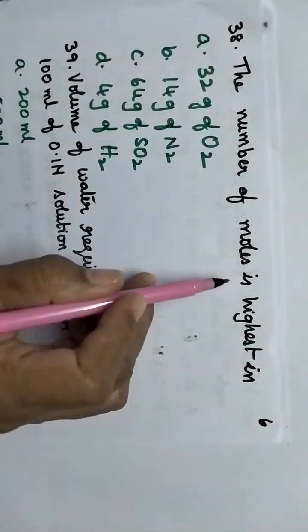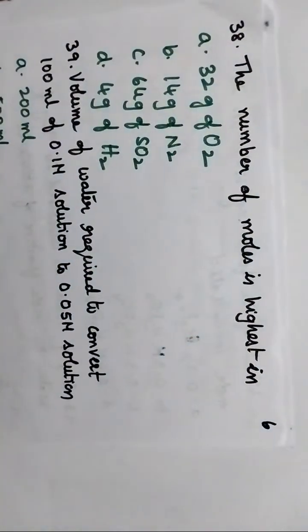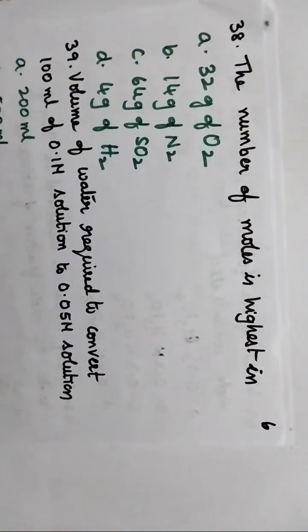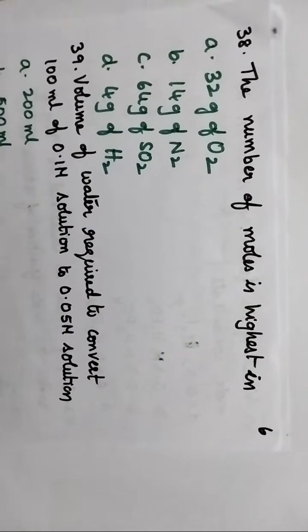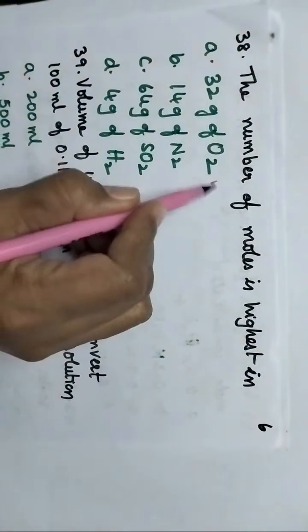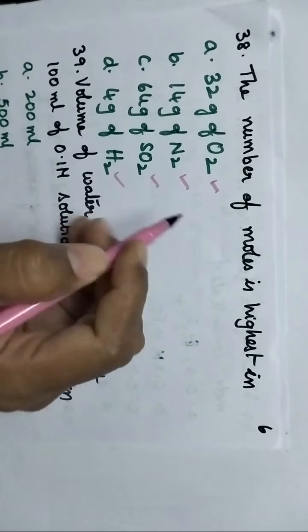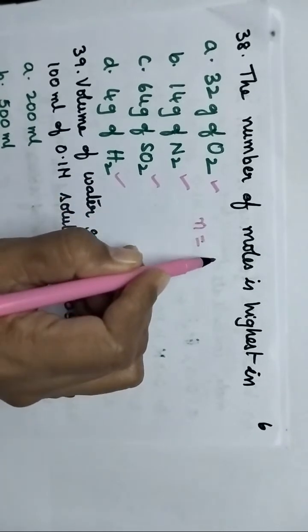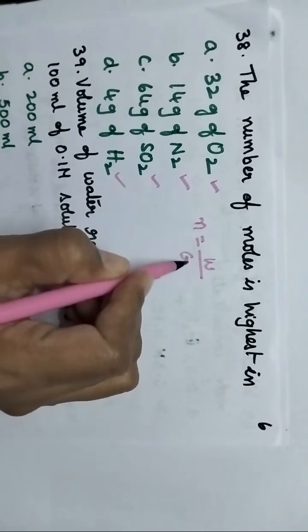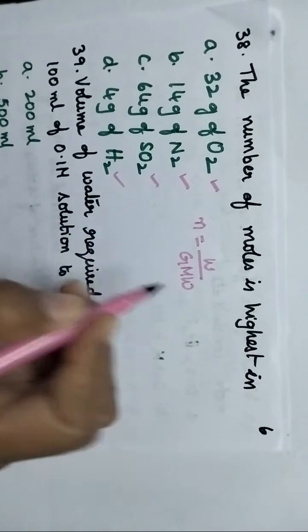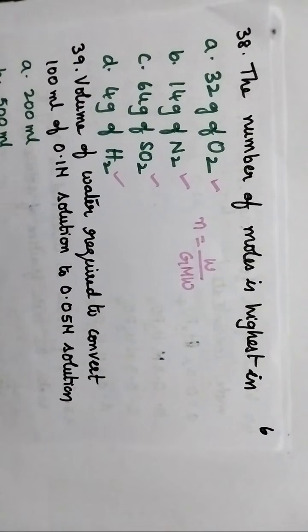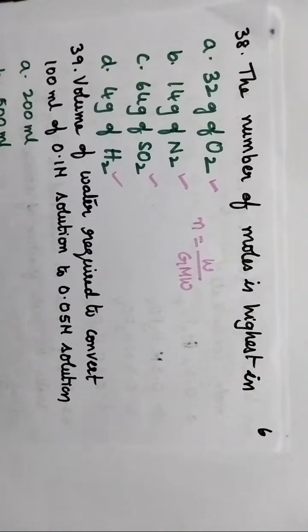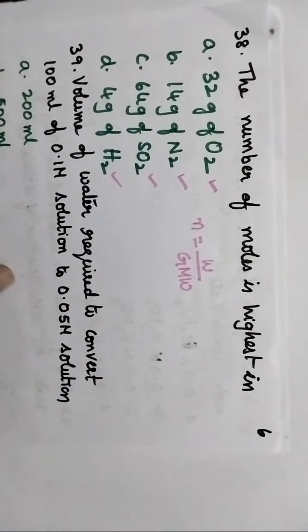The number of moles is highest in. Is the question very clear? For each and every option, you have to calculate number of moles. How to calculate number of moles? Weight by gram molecular weight gives the number of moles. You just do the calculation and tell me the answer. What is the right option?